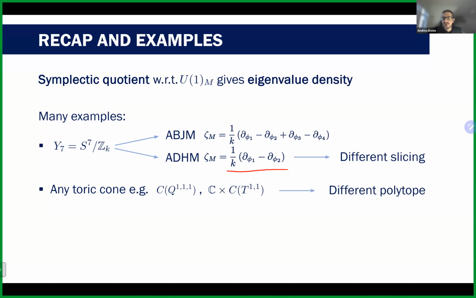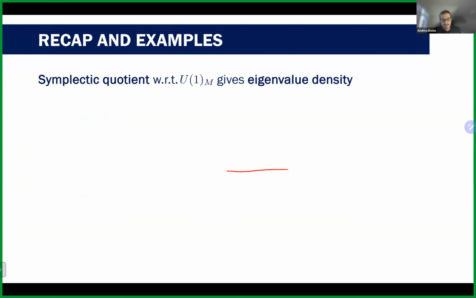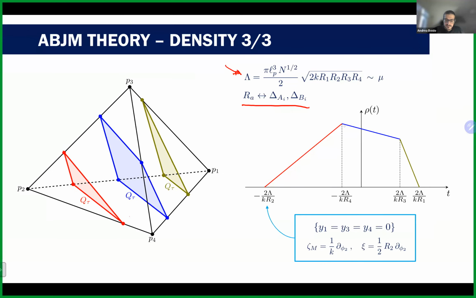Yes, the fixed points of the U(1) give you precisely these points here, let's say. For ABJM, that circle action has no fixed points.